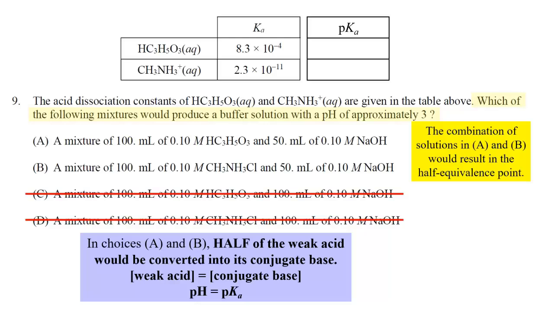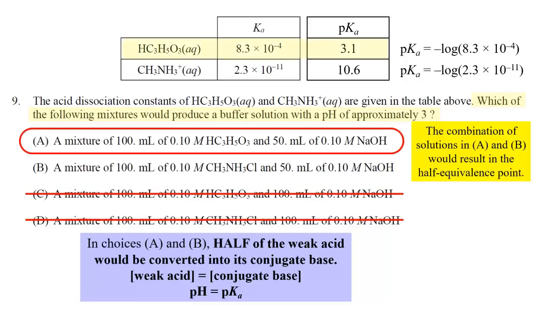Okay, so what's the negative log of 8.3 times 10 to the negative 4? That pKa value is 3.1. If we take the negative log of 2.3 times 10 to the negative 11, that pKa value is 10.6. But we're looking for a buffer solution with a pH of approximately 3. So that makes A the best answer in question 9.